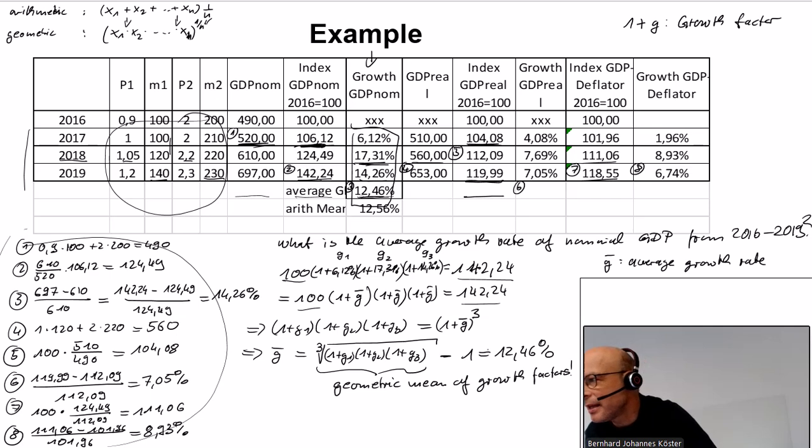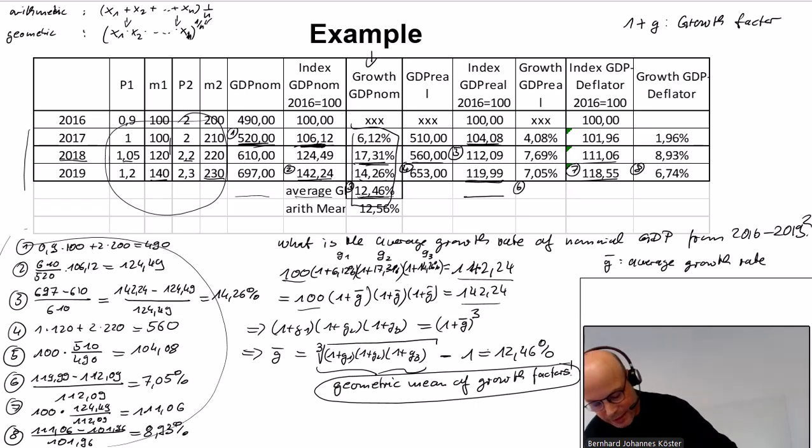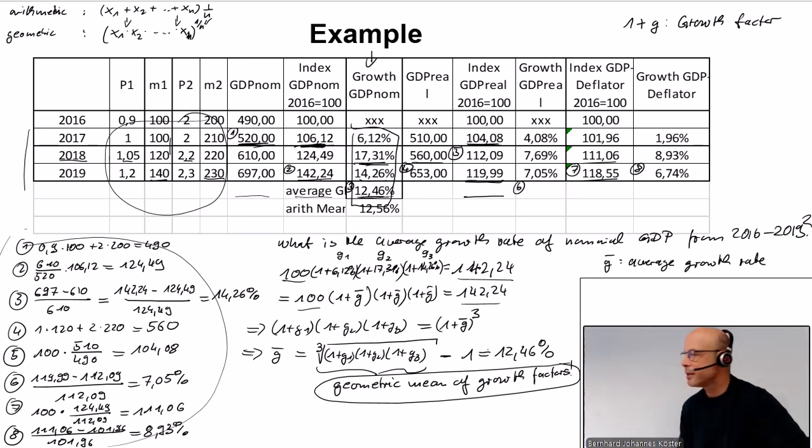And be careful, if you are averaging growth rates, and this is quite often done, then to be mathematically exact, you have to take the average of the growth factors, the geometric mean of the growth factors, in order to average your growth rates.